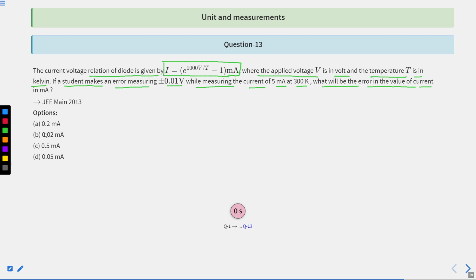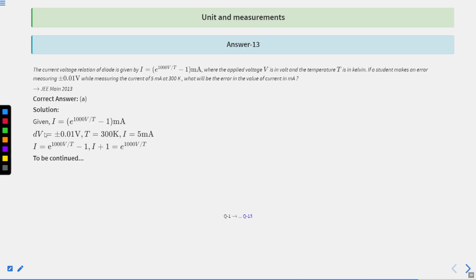Let's find the solution. The relation is this. Clear? And dV equal to plus minus 0.01 volt. Temperature is this and current is this. Clear?